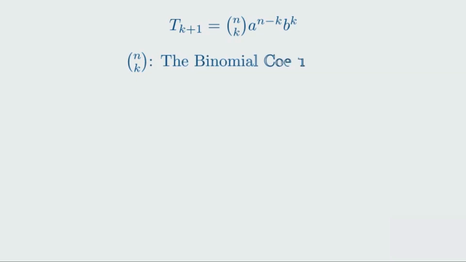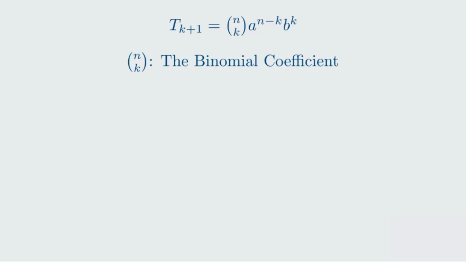Let's deconstruct that formula. T sub k plus 1 equals n choose k times a to the power of n minus k times b to the power of k. First, we have the term n choose k. This is a binomial coefficient, often represented like this, with the n on top and the k on the bottom in parentheses. This value, also written as C of n, k, tells us the number of ways to choose k items from a set of n items without regard to order.